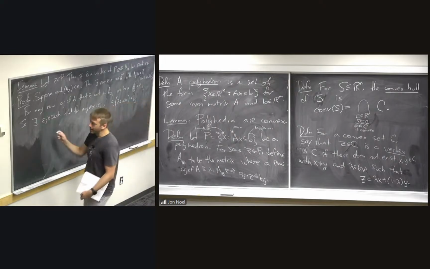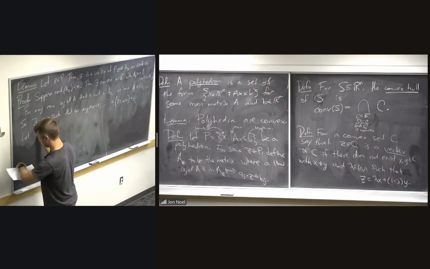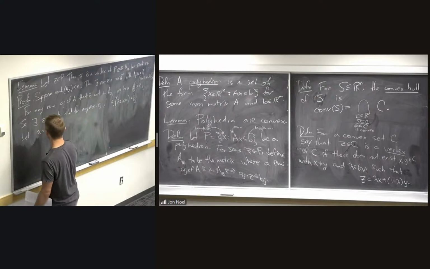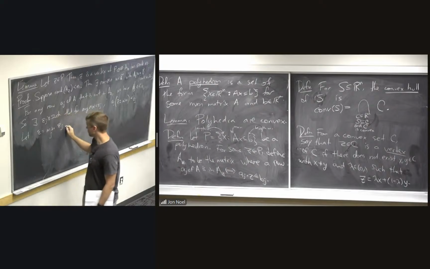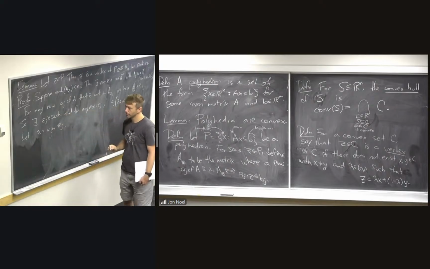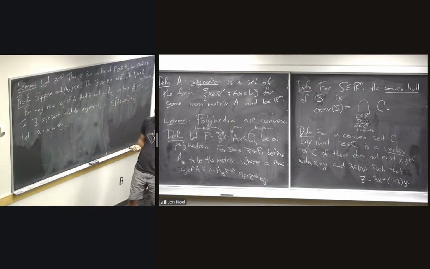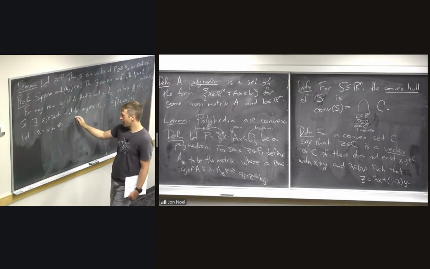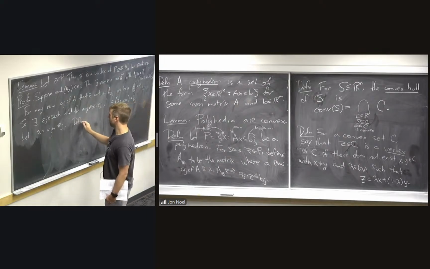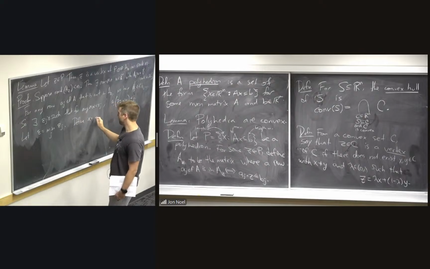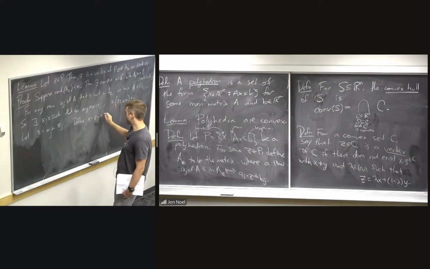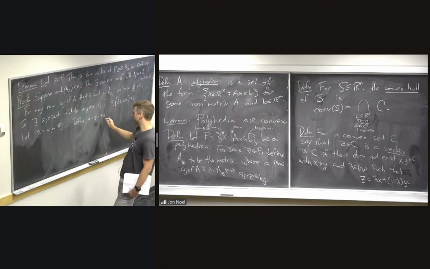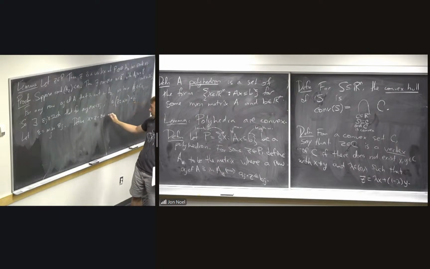Now I let epsilon be the minimum over all j of my epsilon j's. I define x to be z minus epsilon w and y to be z plus epsilon w.